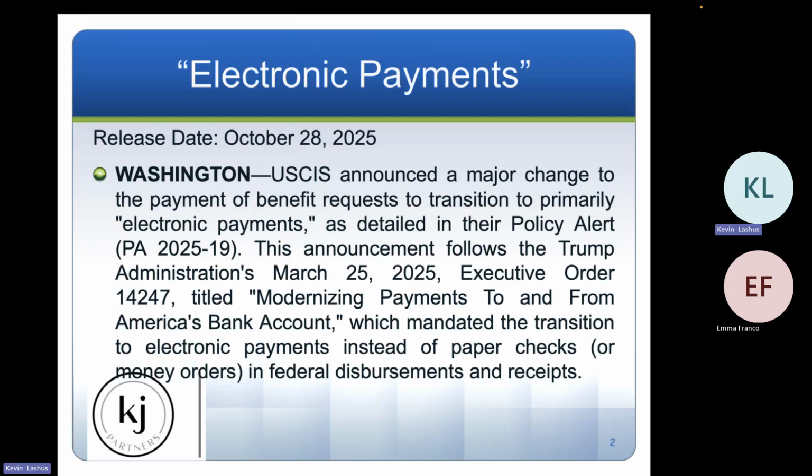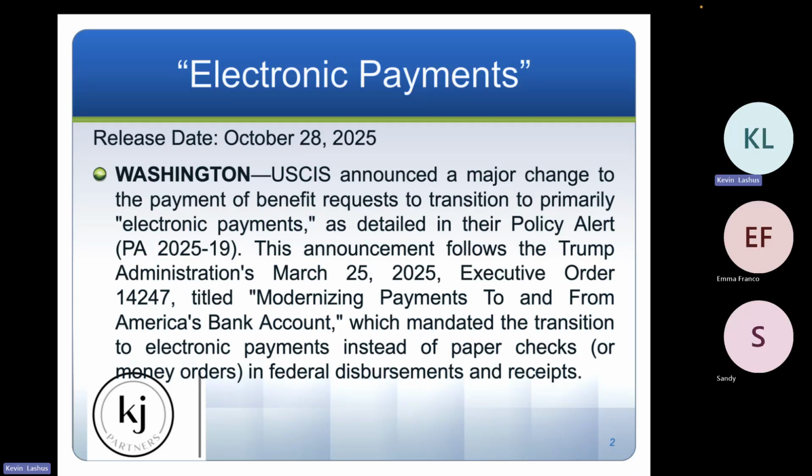As we told you, on October 28th, USCIS announced a major change to the payments of applications, primarily to an electronic payment system with very, very few exceptions. This announcement follows the executive order that President Trump executed in March, which required modernization of payments to the federal government.